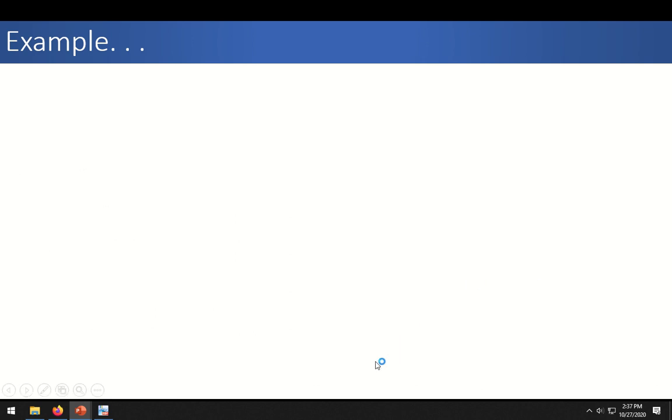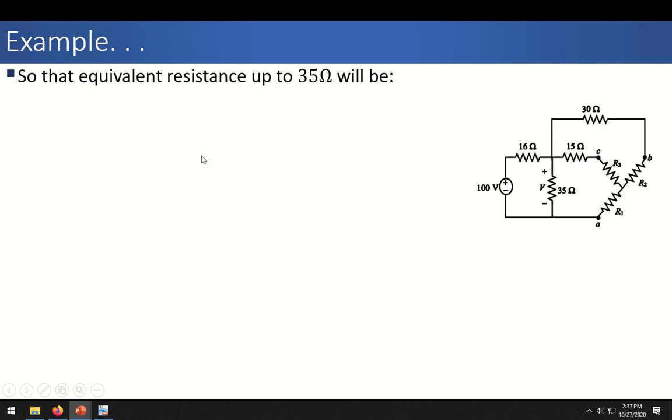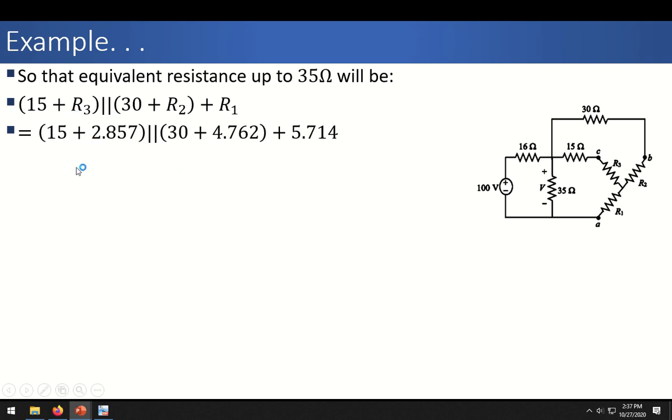So we can say that resistance up to 35 ohms, that is actually in these two terminals, will be R1 plus the parallel combination of these two, that is R1 plus 15 plus R3 in parallel with 30 plus R2. So we can simply plug the values of R3 and R2 here. So this will be actually 17.85 in parallel with 34.762 and plus R1.